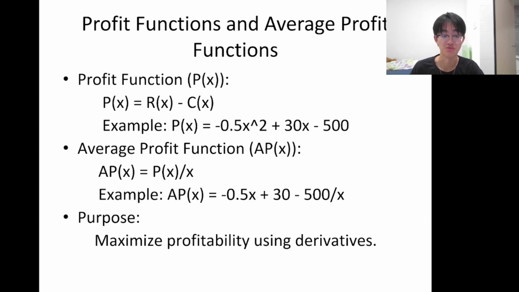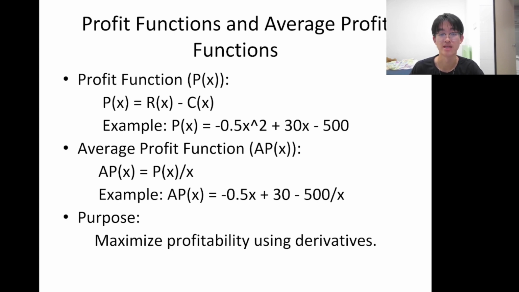The derivative of the profit function, P'(x) equal to negative x plus 13, is used to determine the production level that maximizes profit by setting the derivative of P(x) equal to 0.